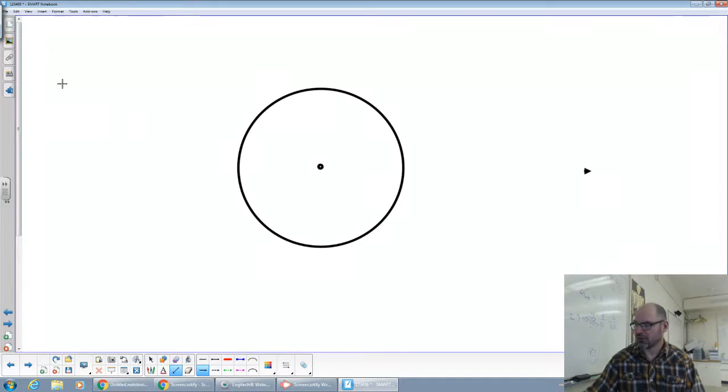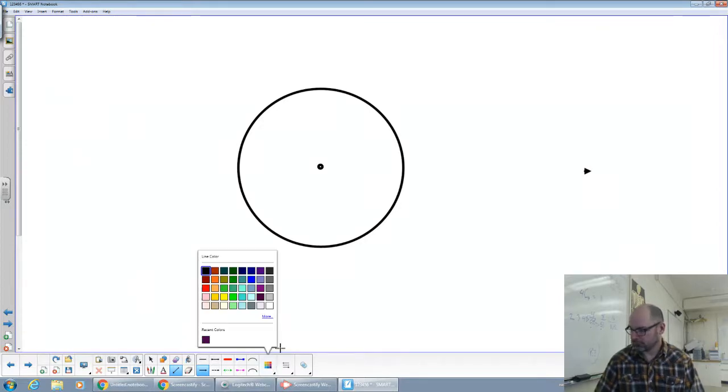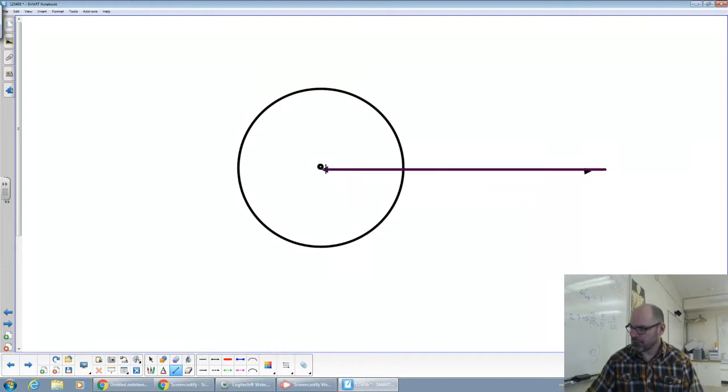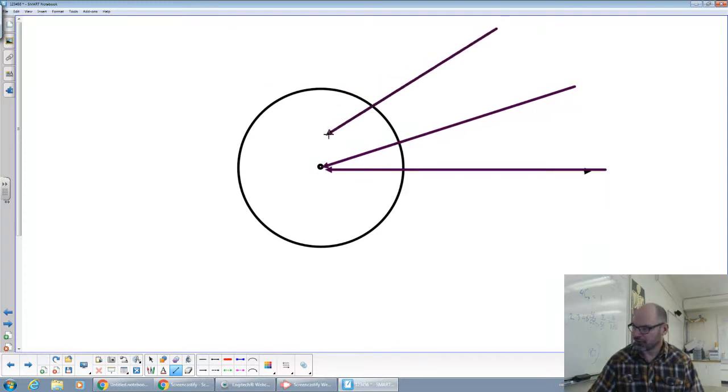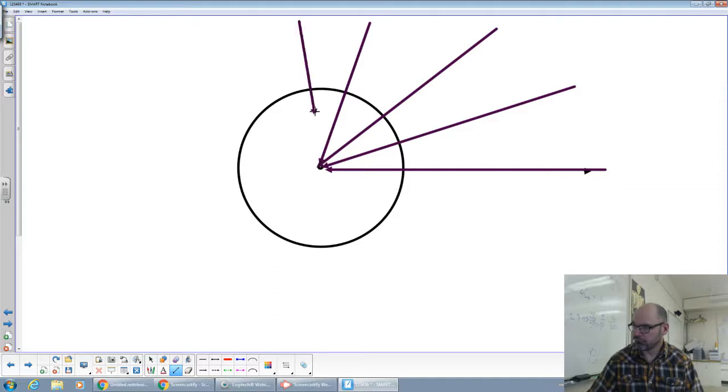There we go. So if we come in to the center of the Earth and just draw these field lines here all the way around, going to the center. This represents the gravitational field around the Earth.